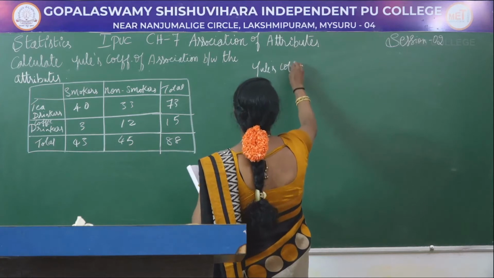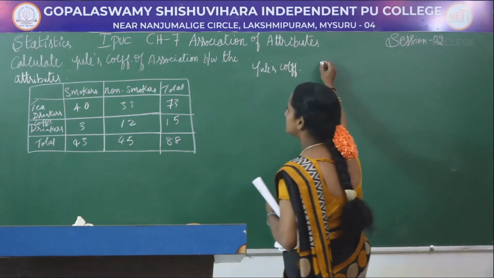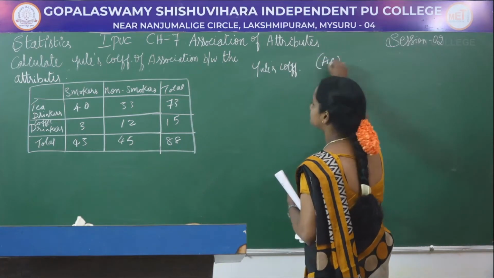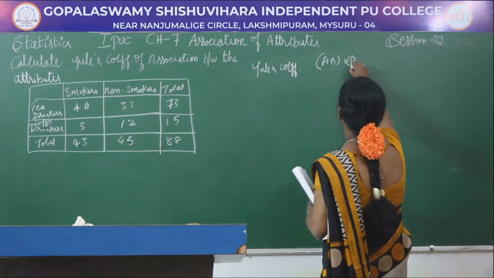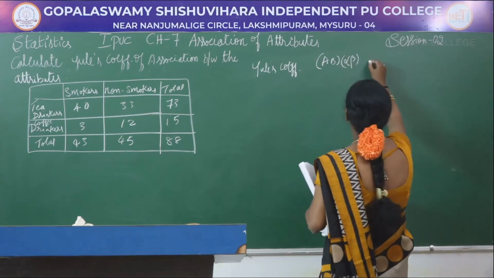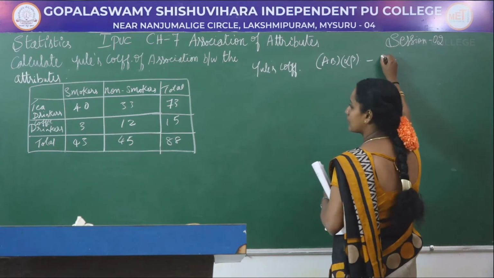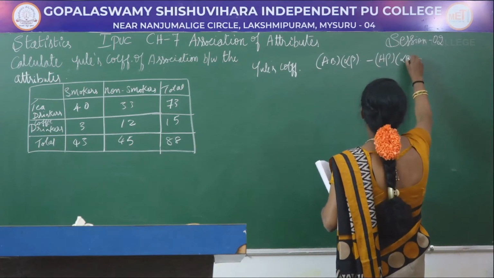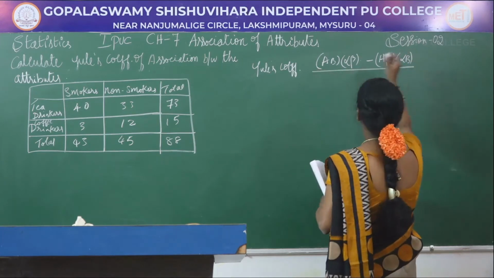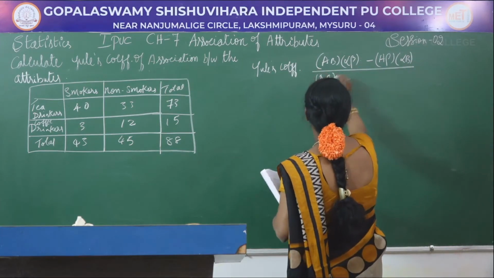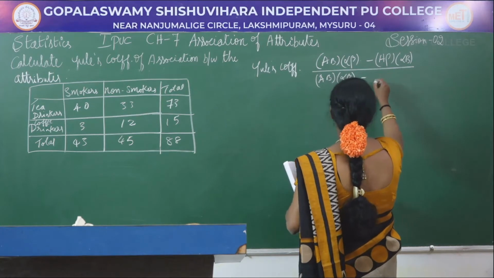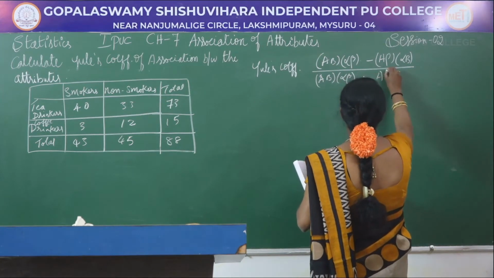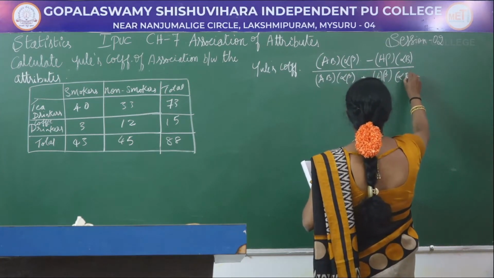Yule's coefficient is AB alpha beta minus A beta alpha B, divided by AB alpha beta plus A beta alpha B.